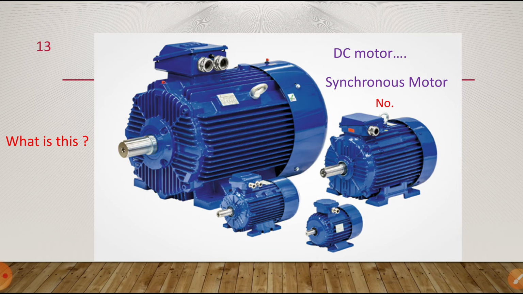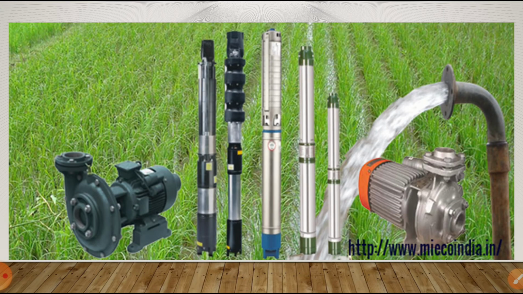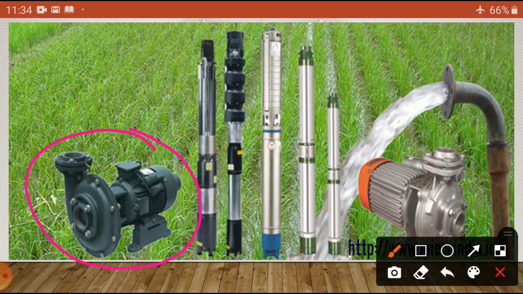This motor is generally used in agriculture pump sets, in our houses also. You can observe this type of pump generally used in agriculture pump sets for our fields. Sometimes we use this type of motor for lifting water from our water sump to an overhead tank.